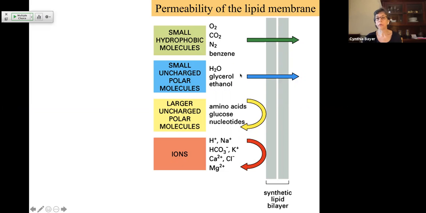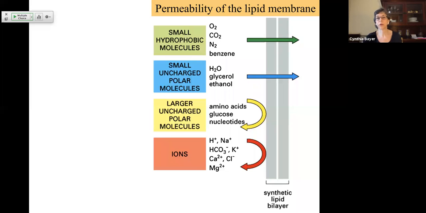should be able to, maybe a little bit more slowly, right? Water more slowly than oxygen or carbon dioxide, but they can interact with the hydrophobic components of the lipid bilayer and can move across, from a region of high concentration to low concentration.